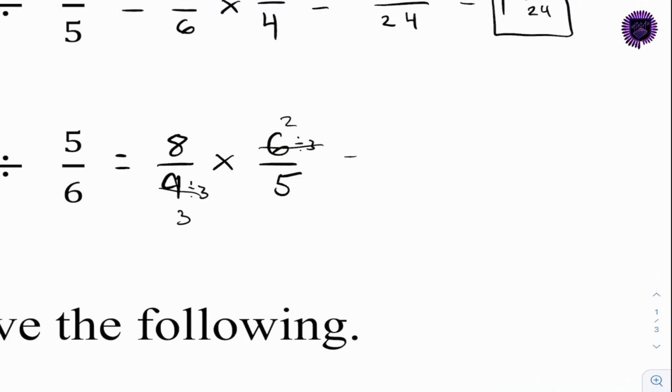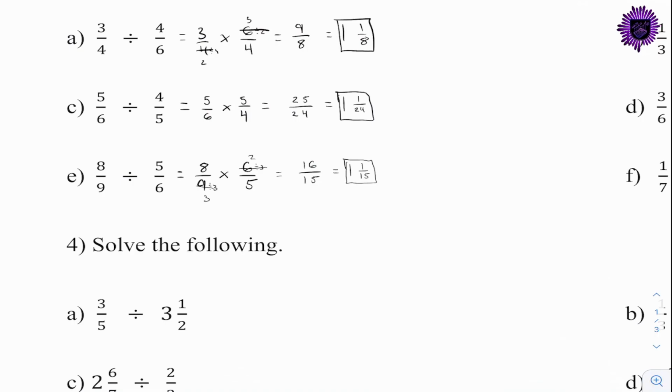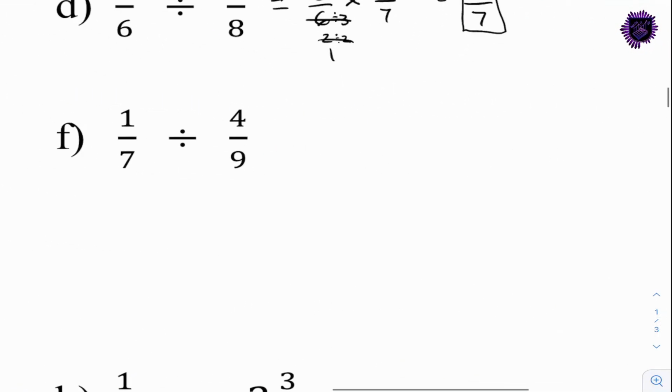So we're going to say 16 over 15, which of course equals 1 and 1/15. 3F.